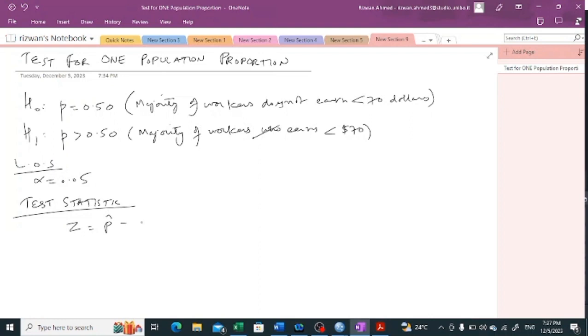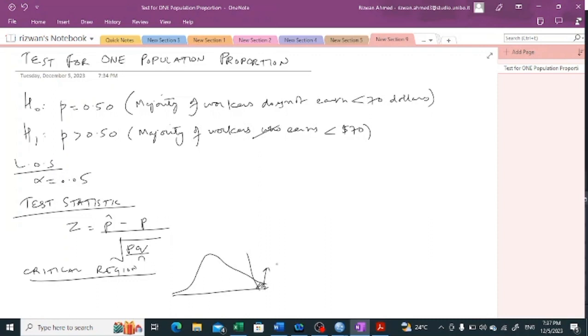The statistic is p hat minus p divided by the square root of pq over n. Now we define the critical region as the right tail under the normal curve at 0.05 significance, and 1.645 is the critical value.